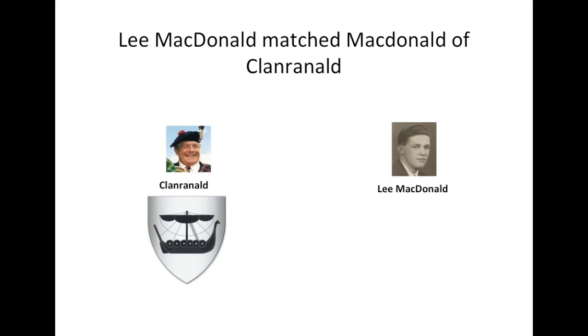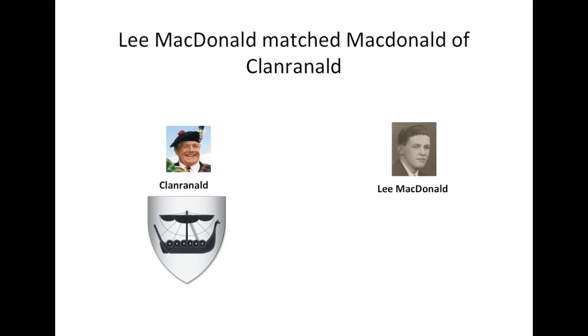Lee's earliest known ancestor, using documentary evidence, was a Ward Macdonald, who was born around 1792 in Ireland. Ward emigrated to Canada, where he was a merchant, but nothing was known about his parents or likely siblings, or from which branch of Clan Donald he descended. And now he knows from DNA testing that he's a close match to the current Macdonald of Clanranald on the left, who was a descendant of Angus Og of the Isles, another of the participants in the Battle of Bannockburn.